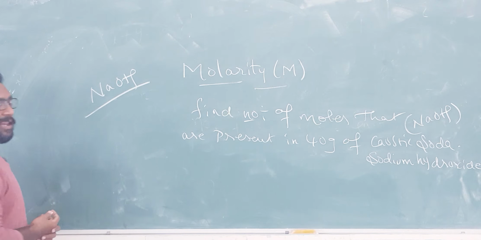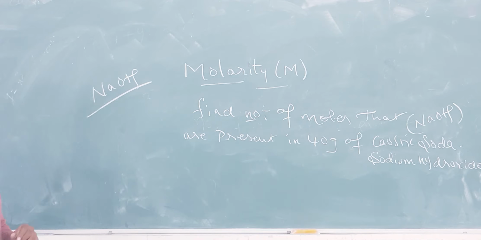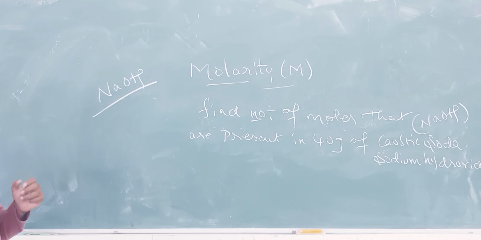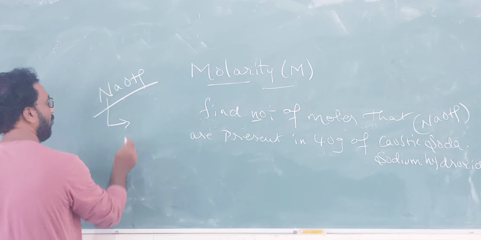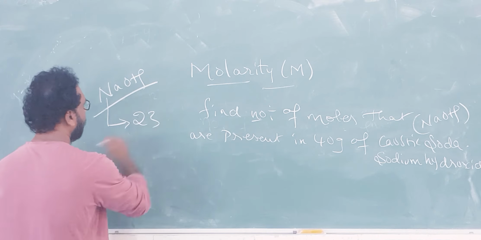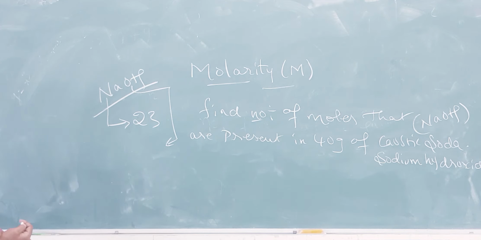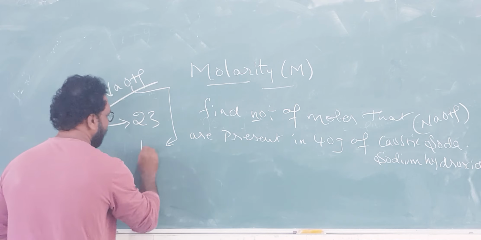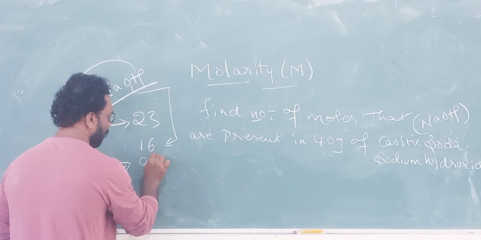So we need to calculate the molecular mass of all the atoms present here. Here we have a sodium atom, an oxygen atom and a hydrogen atom, so we need to calculate the atomic mass of each. The atomic mass of sodium we take as 23, for oxygen we take 16, and for hydrogen we take 1.